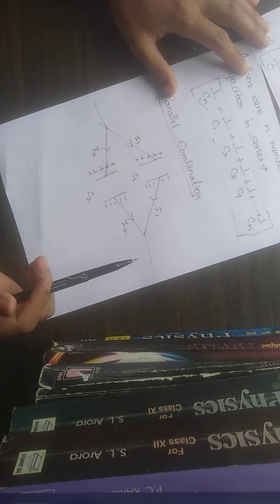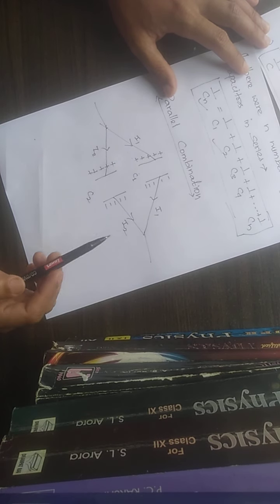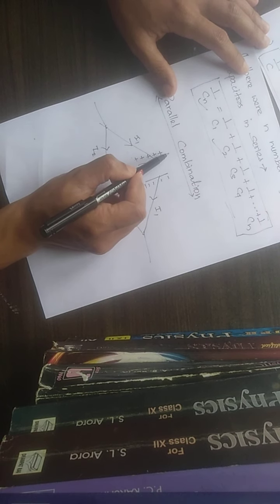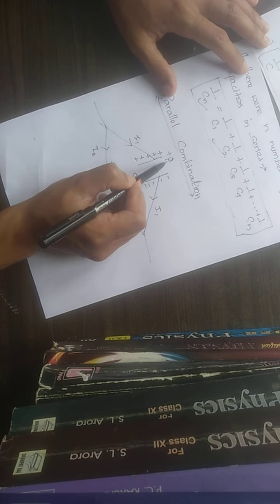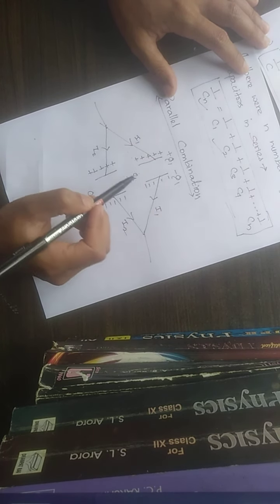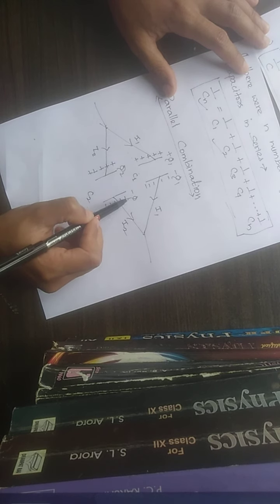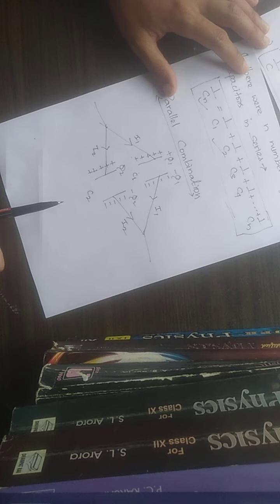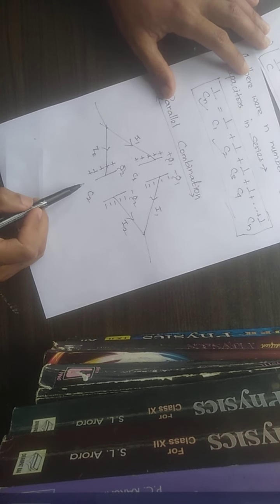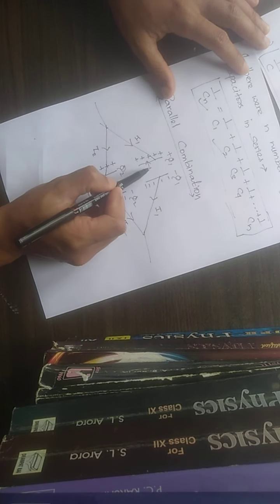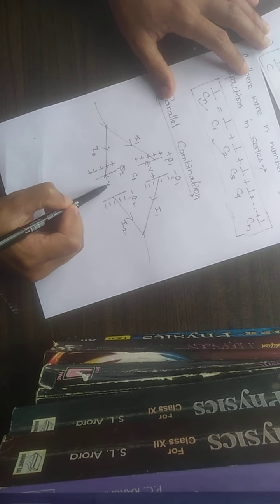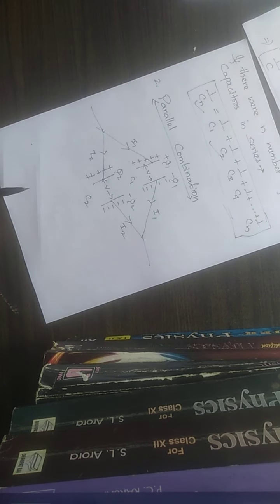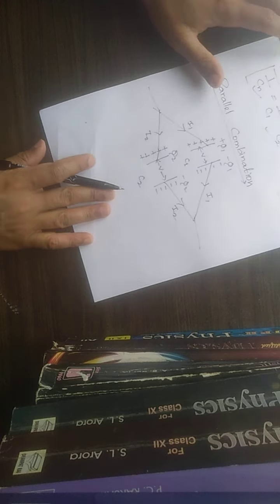Now since different currents flow through the two capacitors, their charge stored will be different. Here Q1 amount of charge will be stored, here Q2 amount of charge will be stored. But what thing will remain the same? The potential difference between the plates will remain the same because they are in parallel combination.